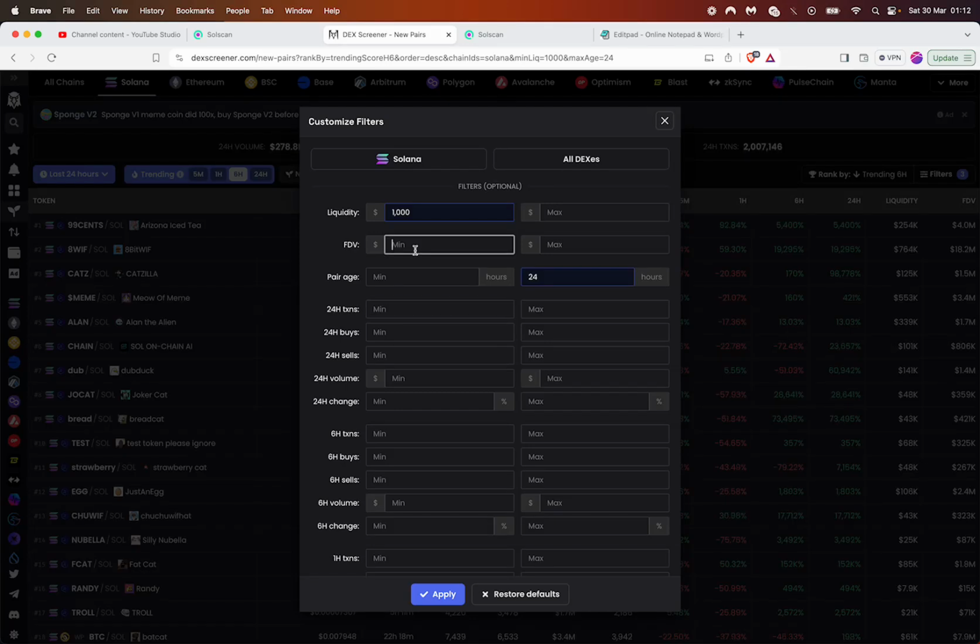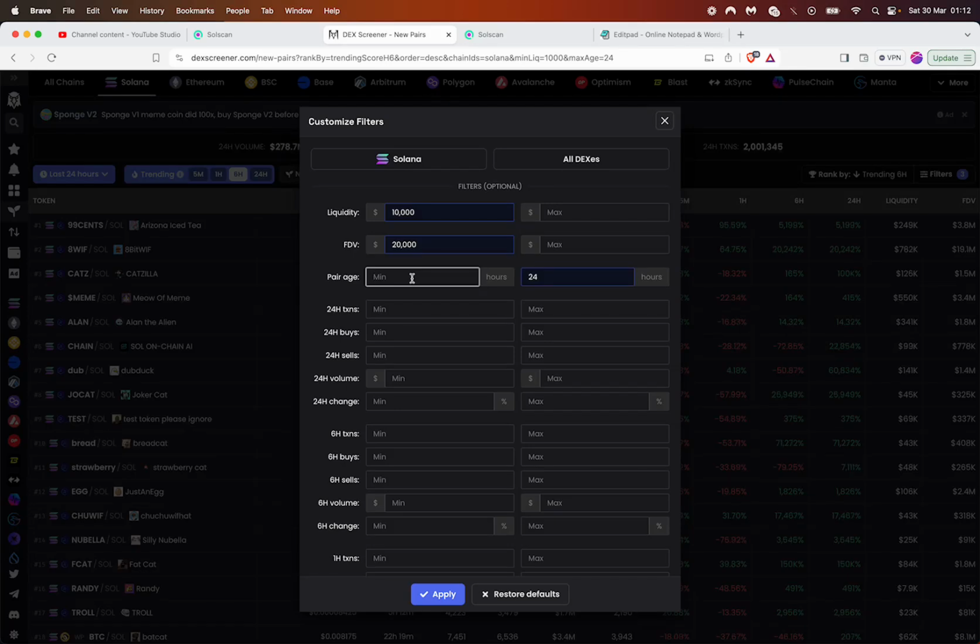So let's think about this. First of all, I'm probably shooting for liquidity, and I want to play a bit safe. Let's go minimum of 10,000. Fully diluted value, maybe we put 20,000. Here, minimum age.